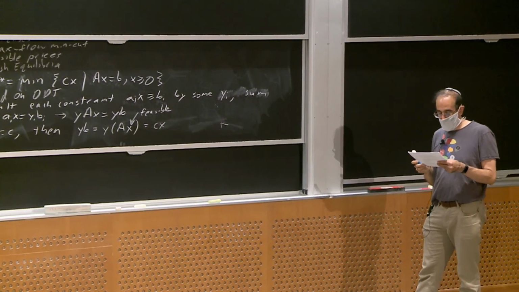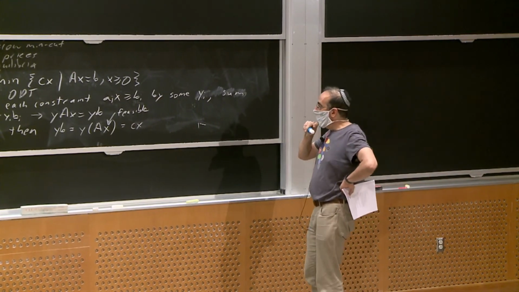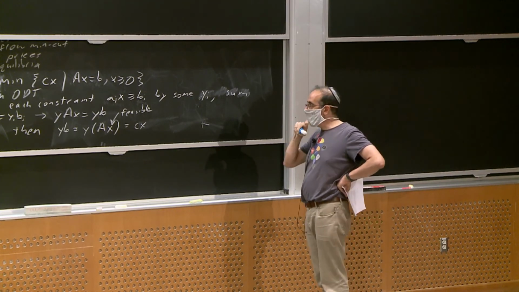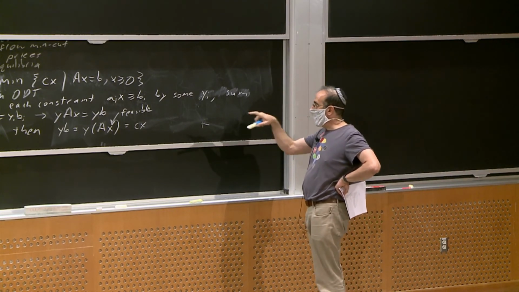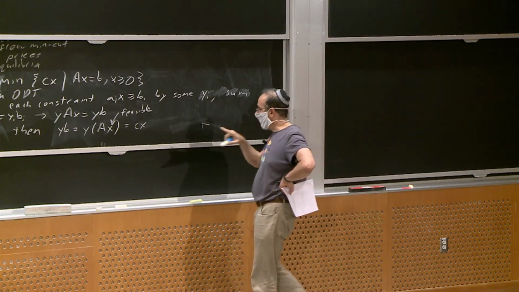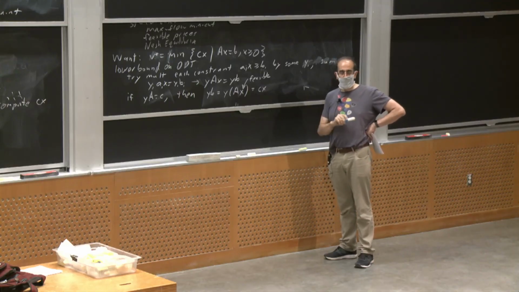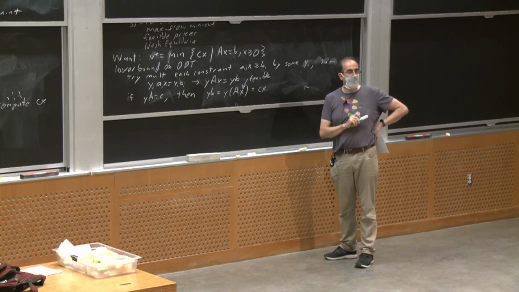Right? So what would that mean? If we did find this kind of y, if yA was equal to c, so that yb was equal to cx for every feasible point x, right? What would that imply about our starting linear program?